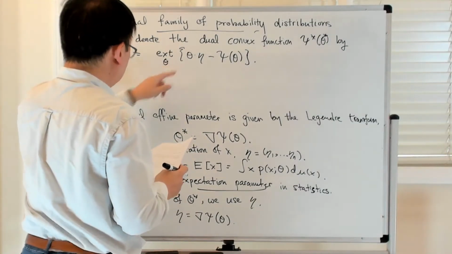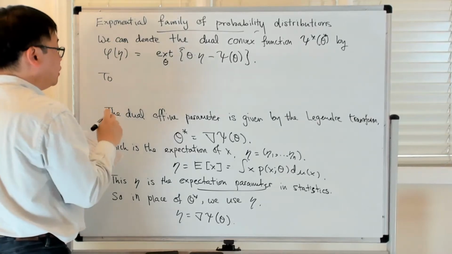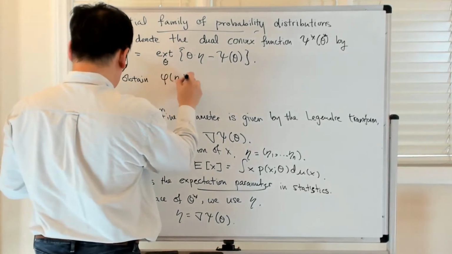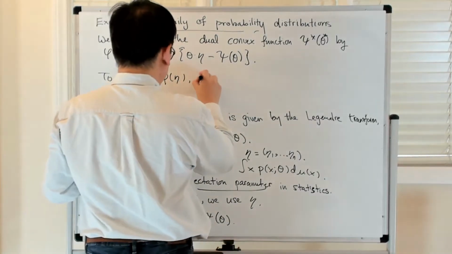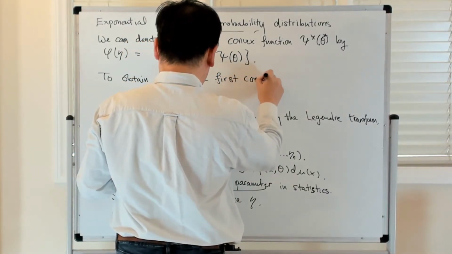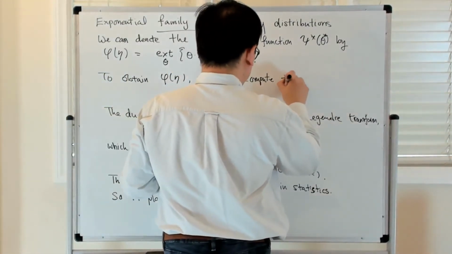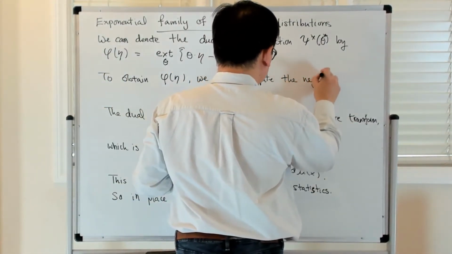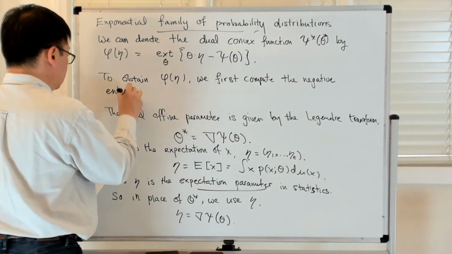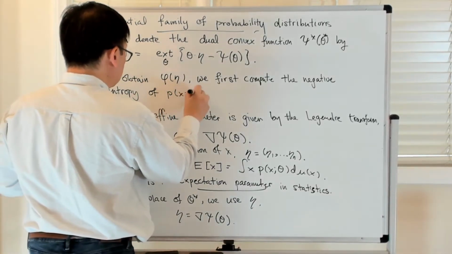Okay, so let's compute what that is. To obtain this dual convex function, we first compute the negative entropy of the probability distribution.